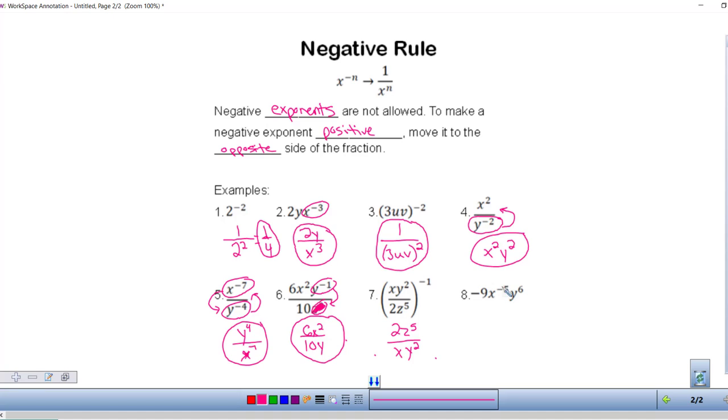Last one. I see a negative exponent here. Negative 9 is a number, it's not an exponent. So negative 9 is okay. Just because a number is negative does not mean it needs to move to the bottom. Only negative exponents. So x to the 5th will be on the bottom. Y to the 6th will stay up top. I only move the part that is negative.